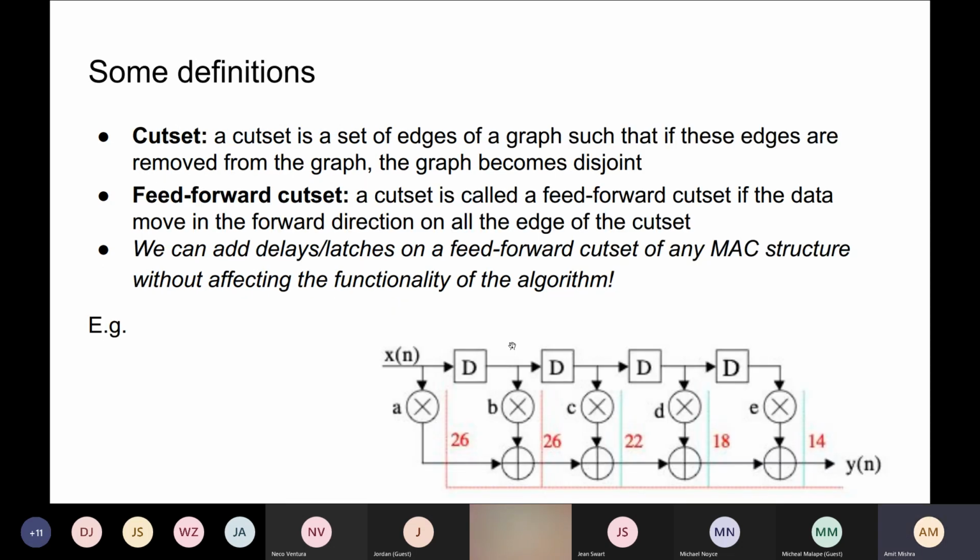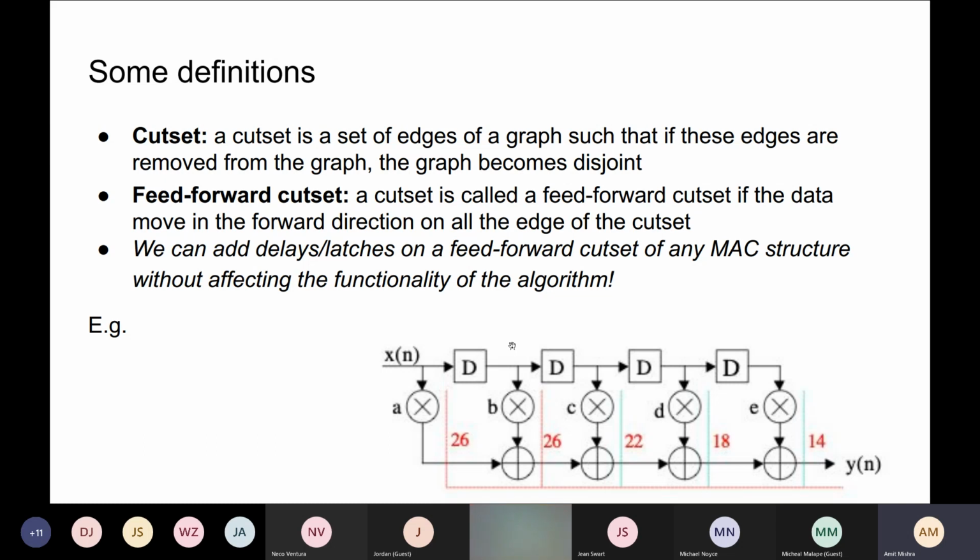One easy way of adding delays applies to feed-forward architectures only. If there are feedback paths, it will not apply. So, two very quick definitions. A cutset in a graph is a set of edges such that if these edges are removed, the graph becomes two disjoint parts. It's basically taking a knife and cutting it up.